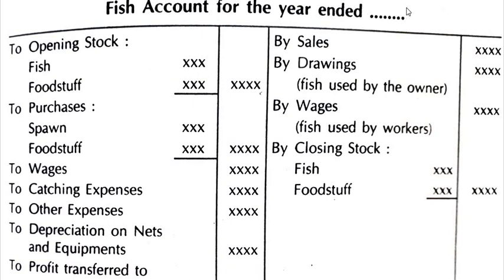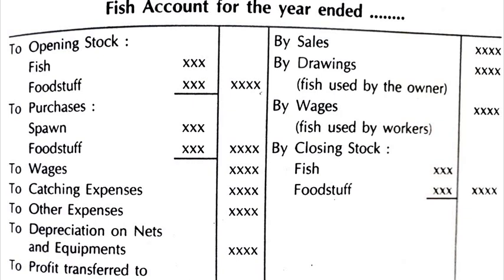Fish account for the year ending 31st December, whatever year ending is given. Next is to opening stock. To the debit side, you take first opening stock, wherein fish and food stuff is recorded. Next, add purchases to it, that is, purchase of food stuff or food grains or spawn. Spawn is nothing but a plant which is used to deposit all the eggs into the water.